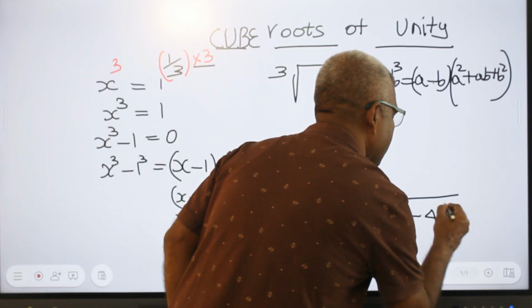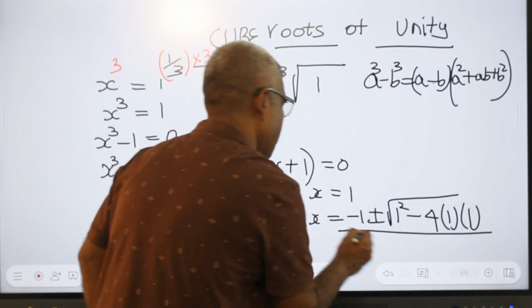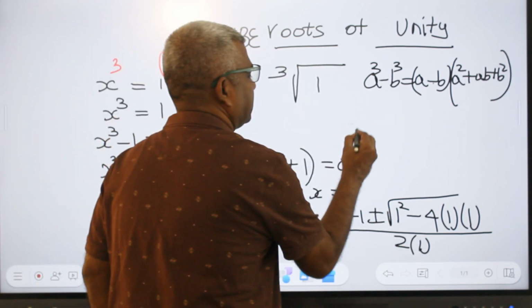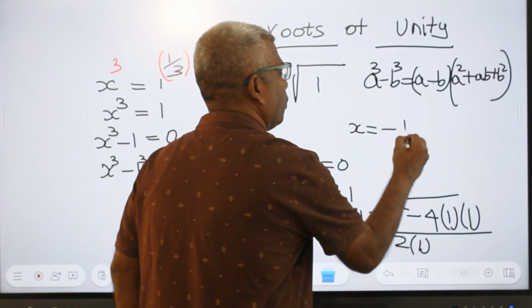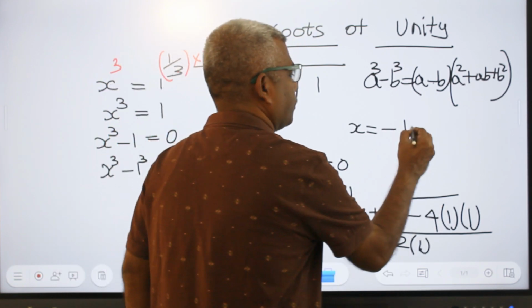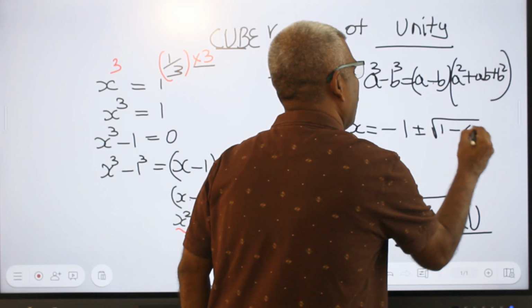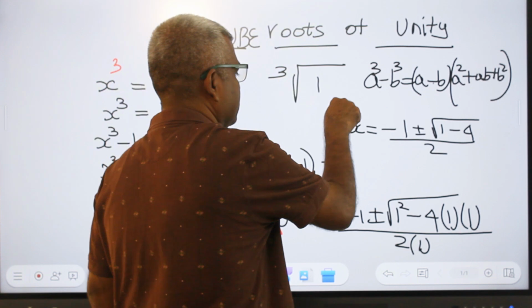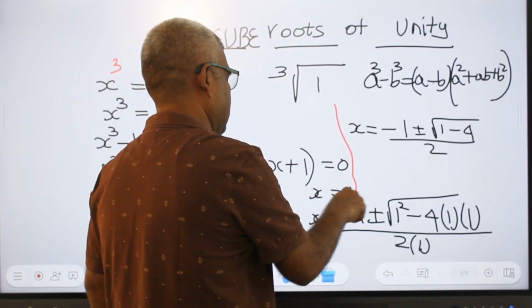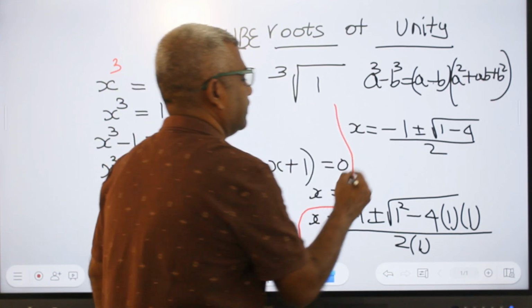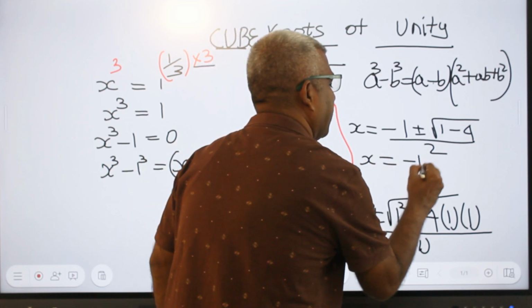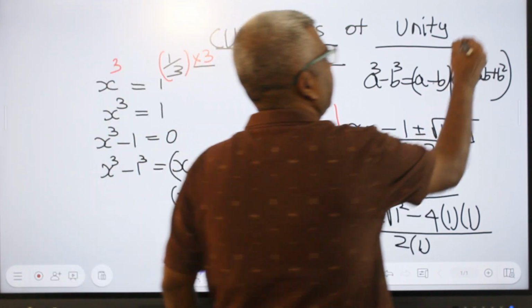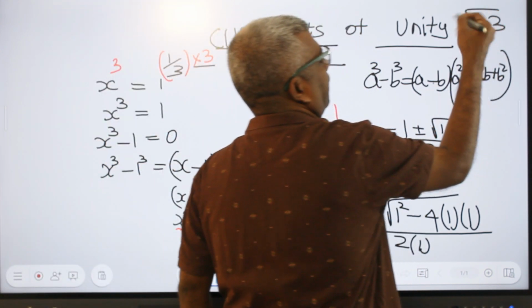So x is equal to minus 1 plus or minus square root of 1 minus 4, by 2. 1 minus 4 is minus 3.